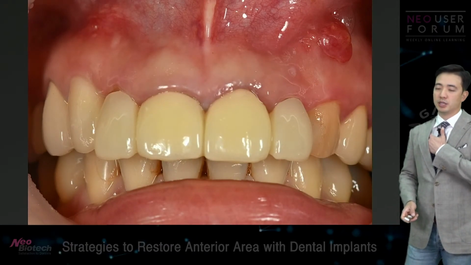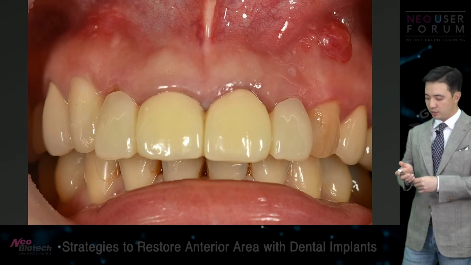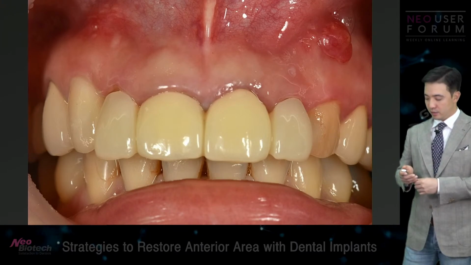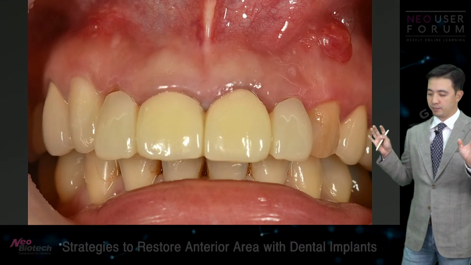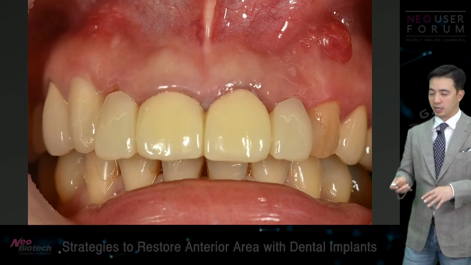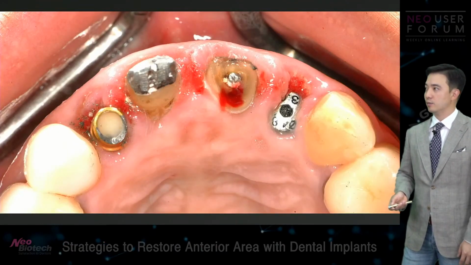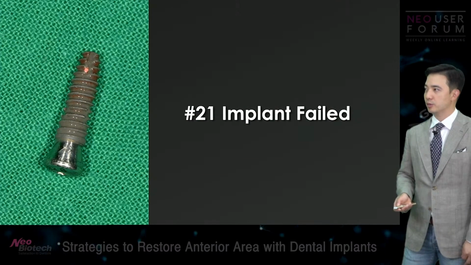So the patient comes in and says, oh, I have discomfort in this area. I was like, okay. What I tried to do was put everything in a minimally invasive fashion, but it just didn't work out this time. So I had to take out the implant because number 21 failed.